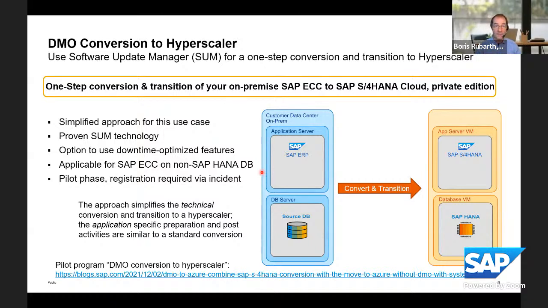So if your source system is already on HANA database, then different approaches will be used. For example, you can imagine that with a backup and restore, your system will be provided to the hyperscaler, and then the conversion will take place there at the hyperscaler, or vice versa, first converting, then doing backup and restore. But this will have to be discussed in detail with your partner and the colleagues from SAP ECS.